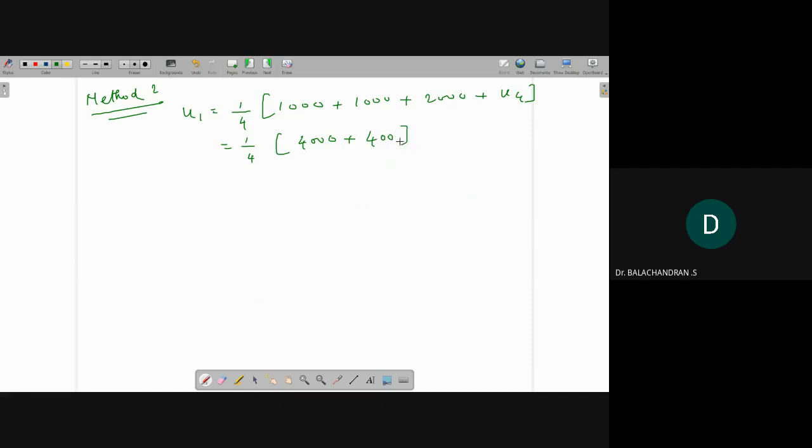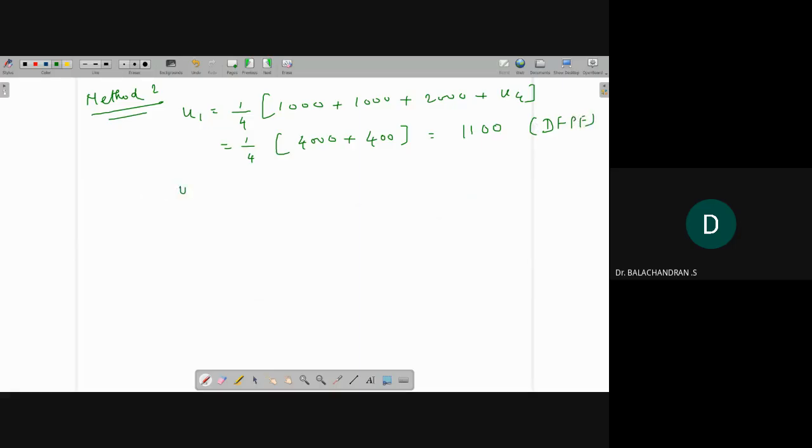Even you can take 500 also. But I want to check the book answer. That's why I'll take 400. So now you'll get 4400 divided by 4. So 1100. So this is the diagonal 5-point formula.